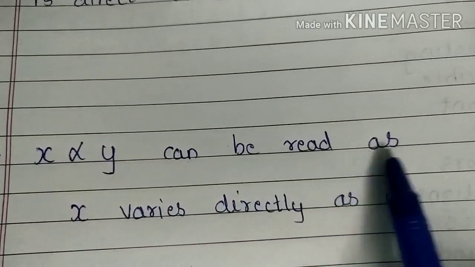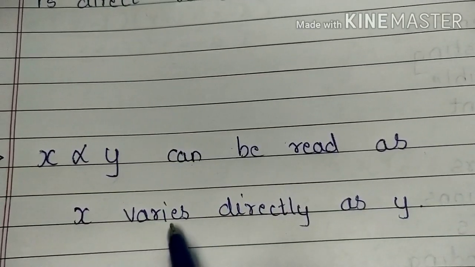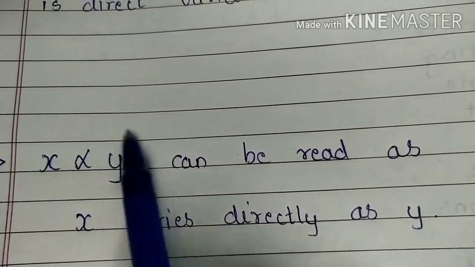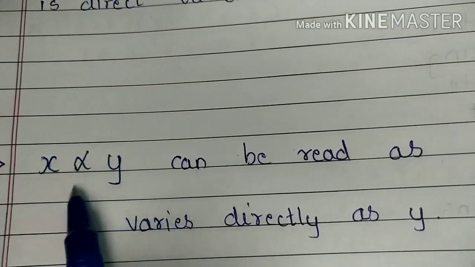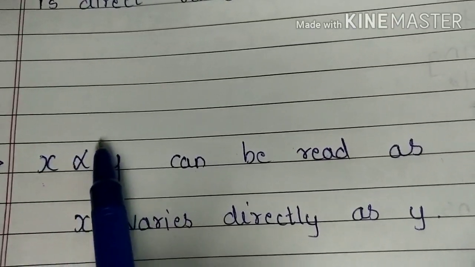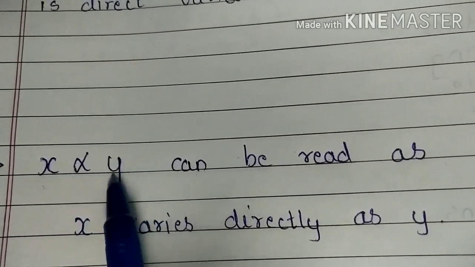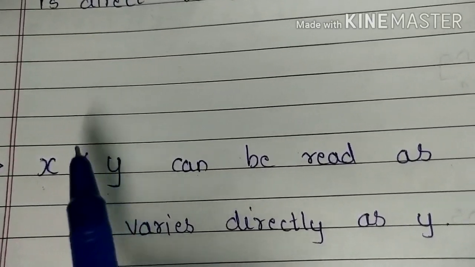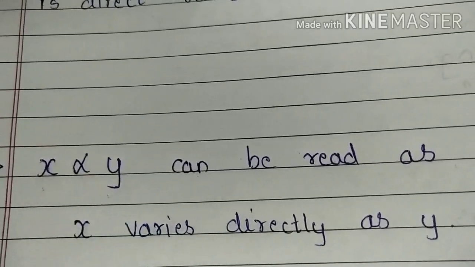So how to read this symbol? You'll read this as x varies directly as y. x varies directly as y.